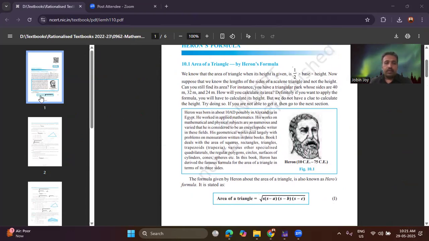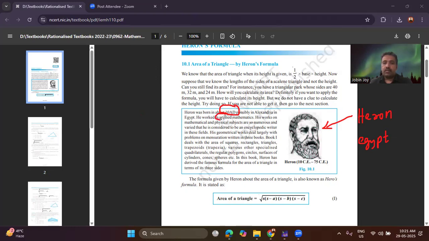So this is the person behind Heron's formula. This is Heron. He was born around 10 AD, possibly in Alexandria, Egypt. He was an encyclopedic writer in applied mathematics.